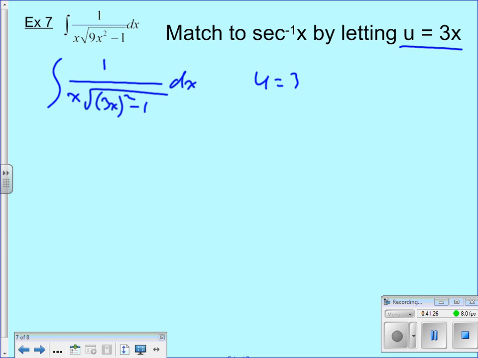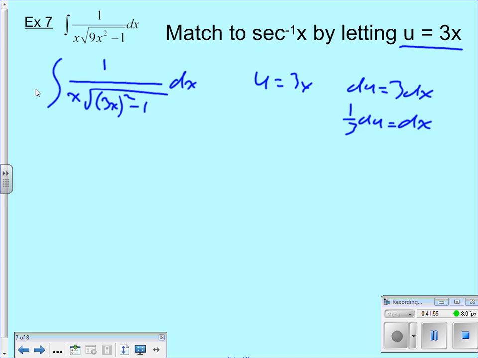U equals 3x. du equals 3 dx. Trust me on this. I'll make it 1/3 du equals dx. And then I can do my substitutions.